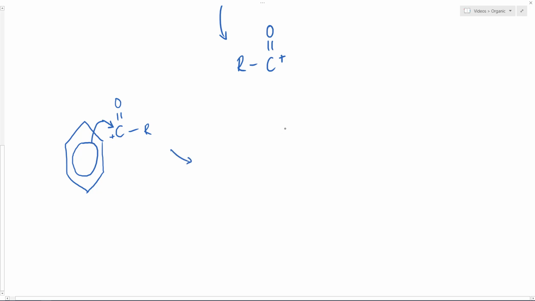Next step, we end up with the benzene ring, two parts now joined. We have a hydrogen and we have our COR. And then we have to have this horseshoe, which does not extend past there or there.